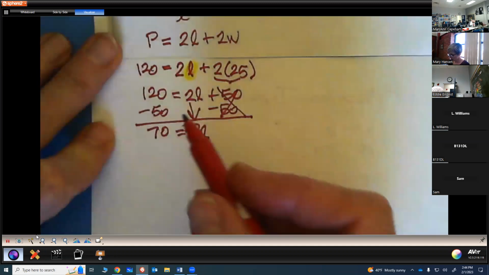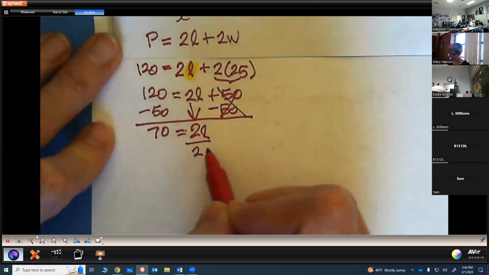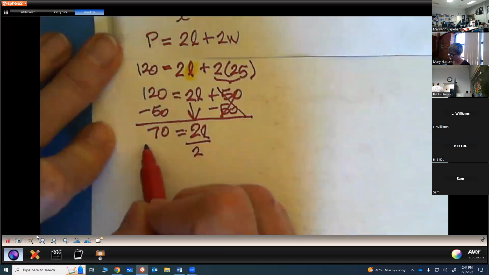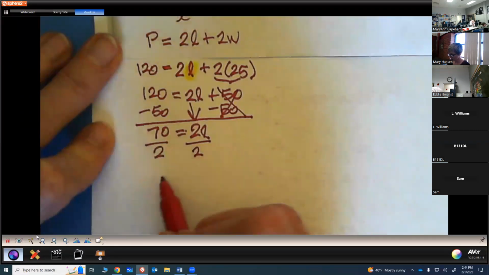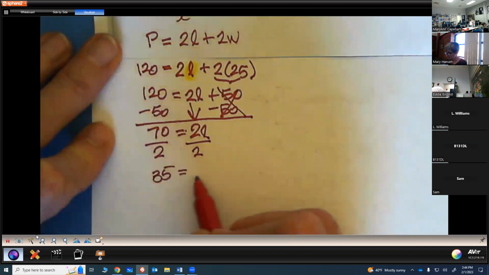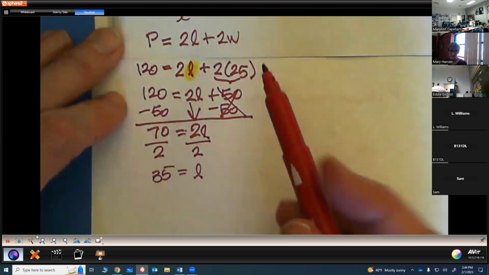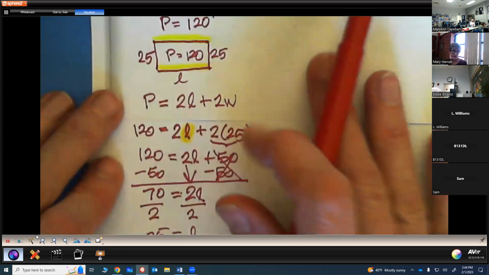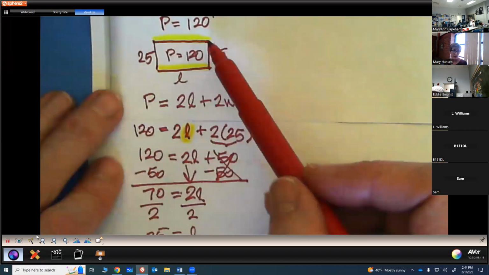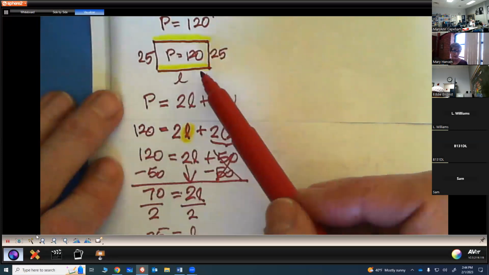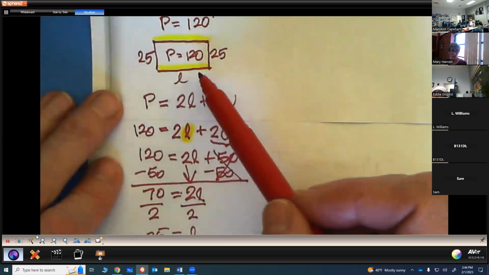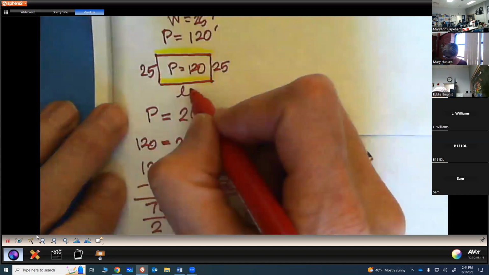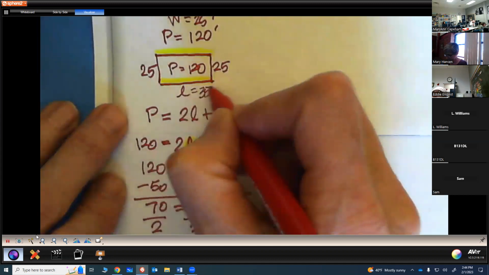So I'm going to do the opposite of times. I'm going to divide. 70 divided by 2 is 35. And so if he makes his play area 25 feet this way, it can be 35 feet long. And he will use all the fencing that he has.